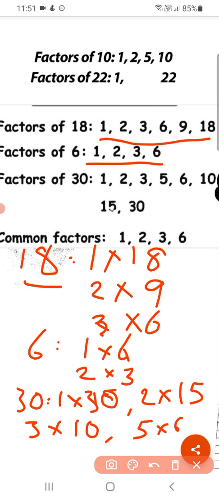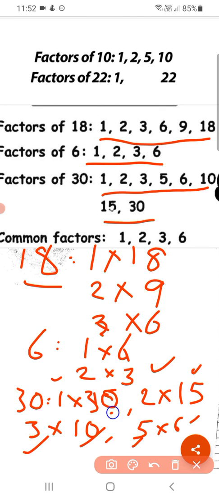When we multiply these four pairs of numbers, we will get 30 as answer. So the factors of 30 are 1, 2, 3, 5, 6, 10, 15 and 30.